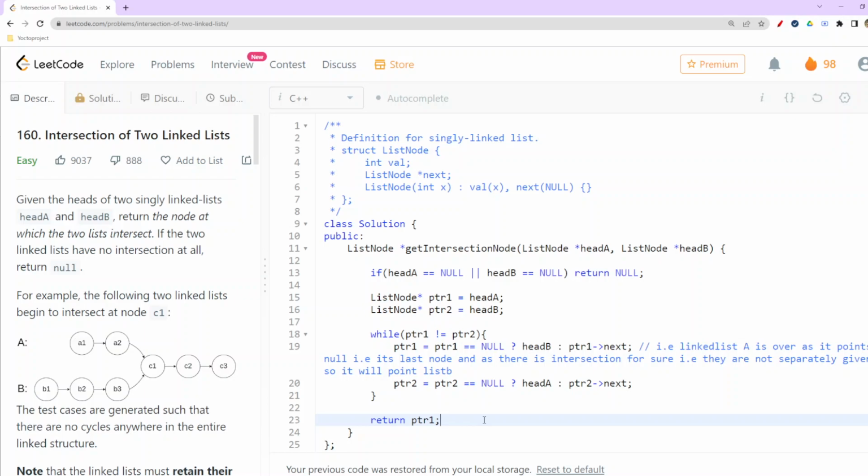At first, I was thinking that if it equals null, then that simply means the linked list is at the end, so there is no intersection or something like that.